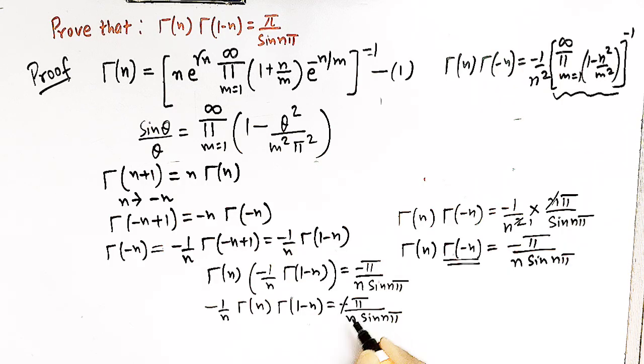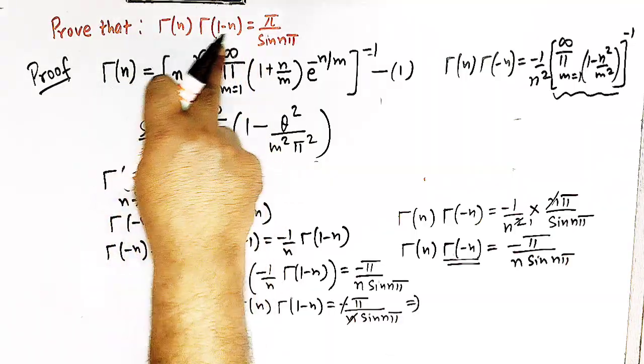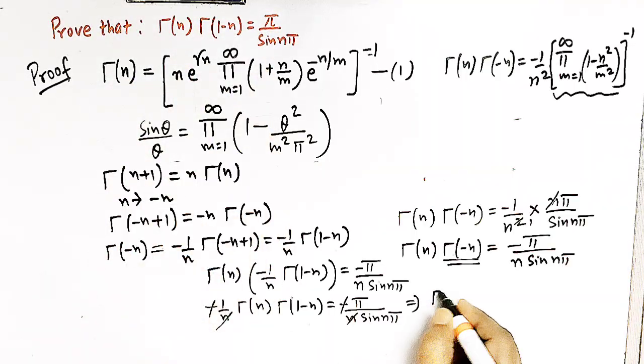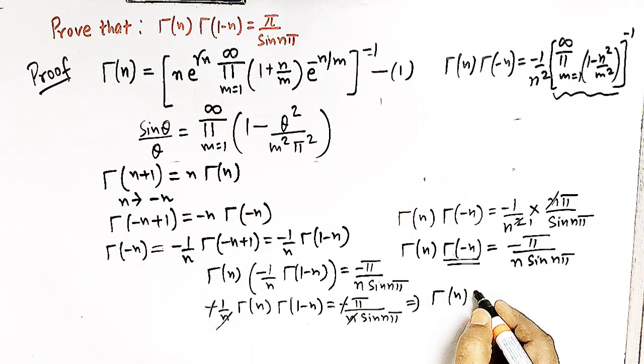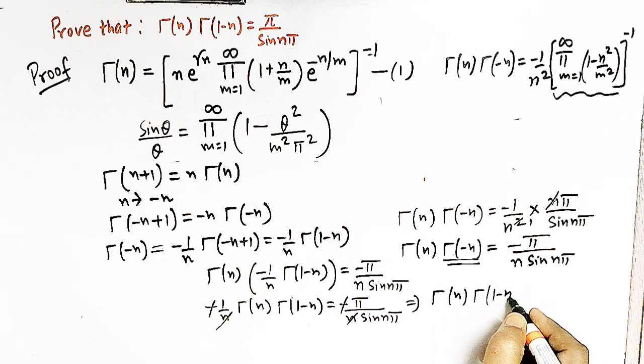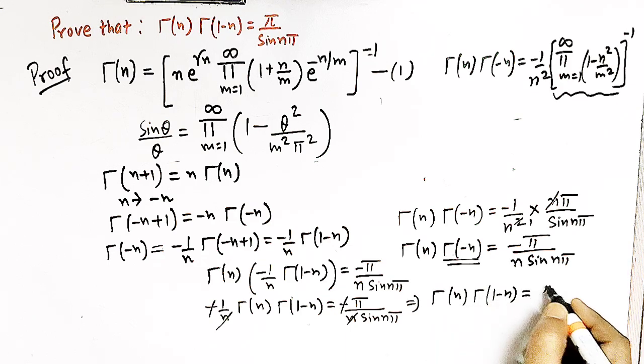So now we can cancel this negative sign with this one, and n and n get cancelled, and we get the desired Euler's reflection formula, that is gamma n times gamma 1 minus n is equal to pi divided by sine n pi, right?